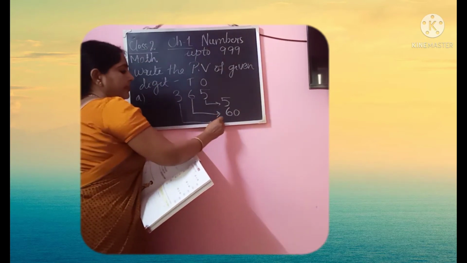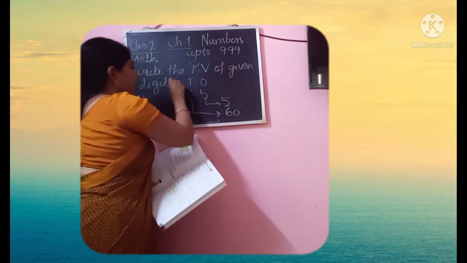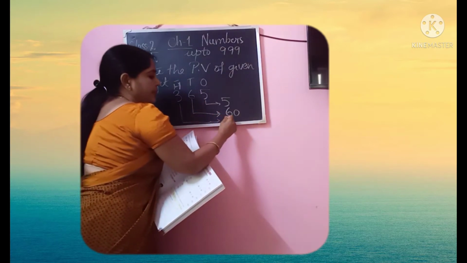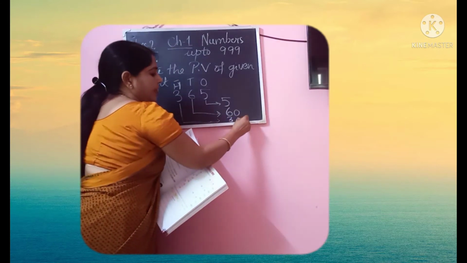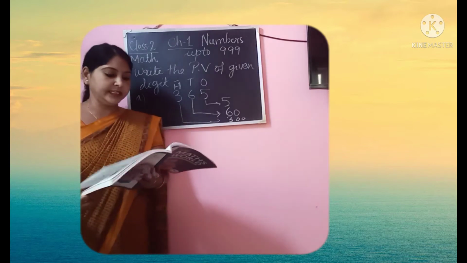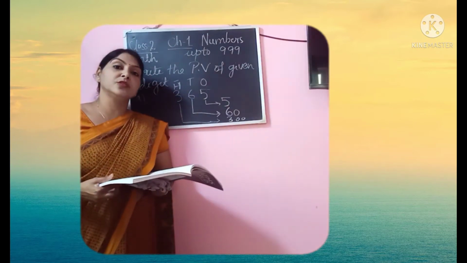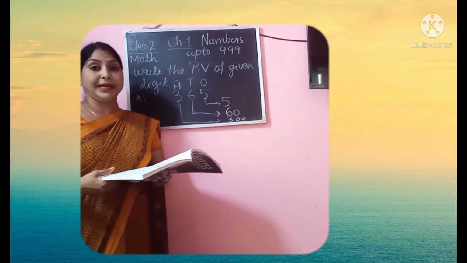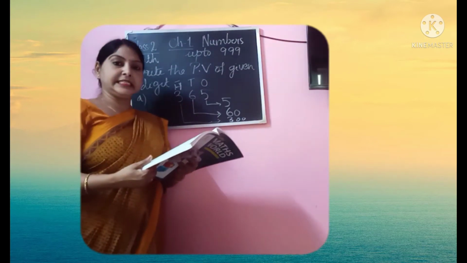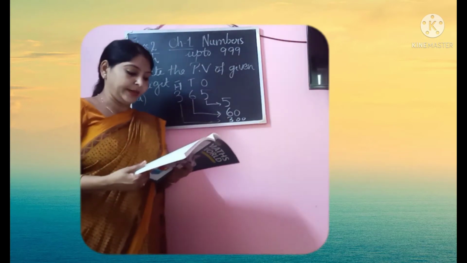And the third one, it is in hundreds place. Okay, it is in hundreds place. So we will write 300 like that. Okay, so you have to write in this way. You can write in words also, you can write in numbers also. Better to write in numbers. Okay, so you will be doing this exercise 1.6 question number 1.